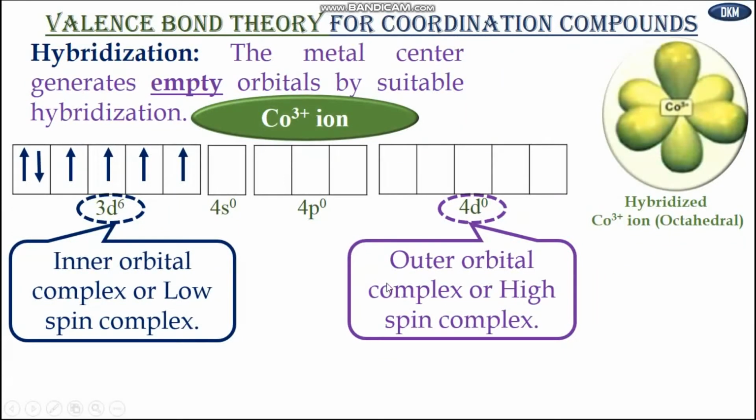I think you understood why this is outer orbital complex and why this is inner orbital complex. Now the question is, why is the outer orbital complex called high spin complex, or why is the inner orbital complex called low spin complex?